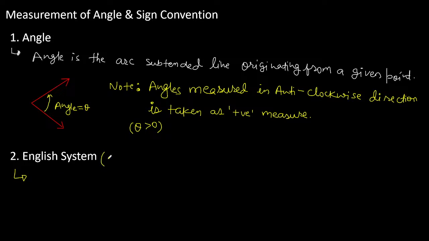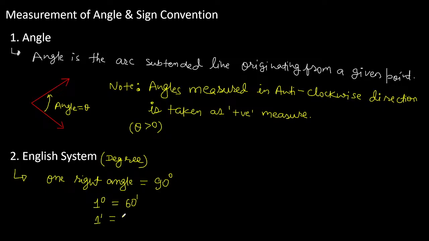In the English degree system, one right angle is equal to 90 degrees. 1 degree is equal to 60 minutes, and 1 minute is equal to 60 seconds.